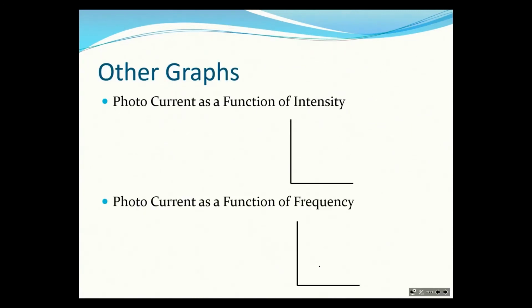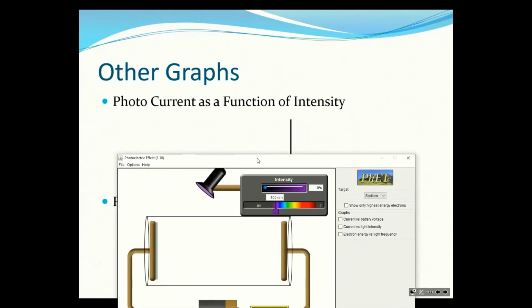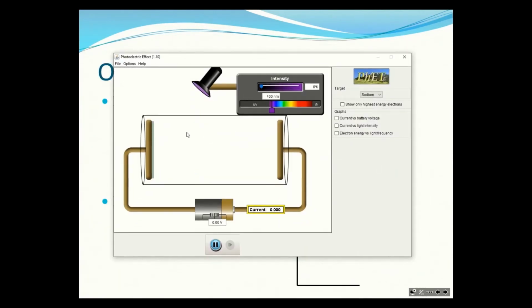So other graphs you might see is a photocurrent as a function of intensity. So let's bring back our simulation here. The first one is photocurrent. These electrons that are released are called photoelectrons. So photons hit our plate and photoelectrons are released.